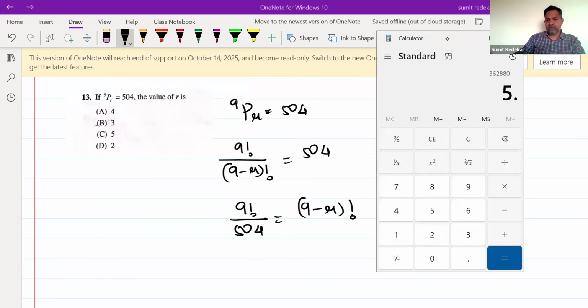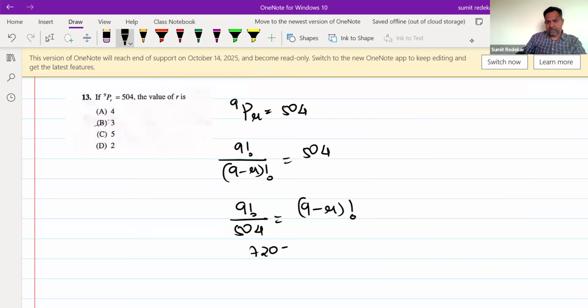Divide that by 504 is going to be 720. So can I say 720 is (9 minus r) factorial, or (9 minus r) factorial is 720.